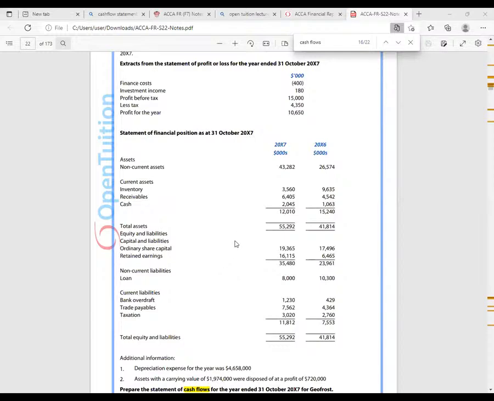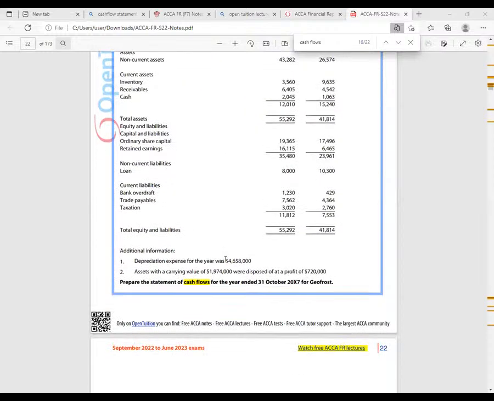So what do we have? Apart from this depreciation, I can see that there is some not loss, but profit on disposal. This profit on disposal, ladies and gentlemen, had been added to our profit. That is what IAS 1 tells us. So we need to come and deduct it.